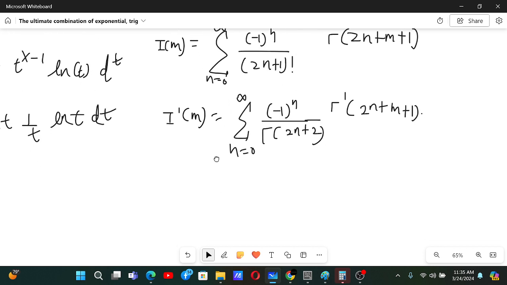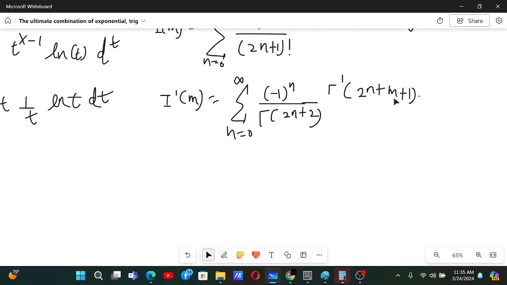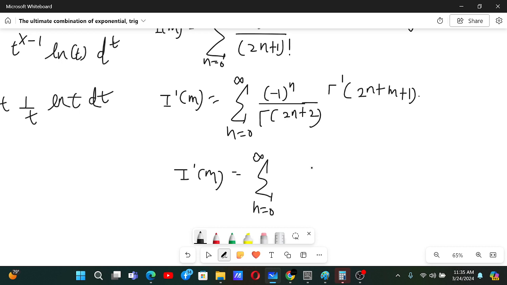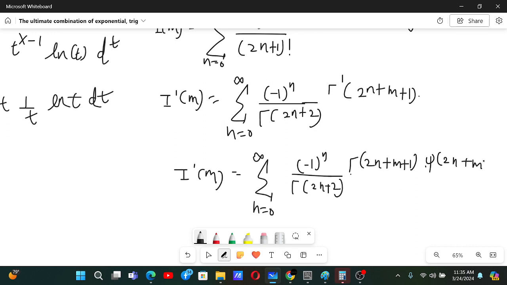And now we know that gamma dash is just gamma times digamma, so that's why we can have I dash of m as sum going from n equals 0 to infinity, minus 1 to the power n by gamma of 2n plus 2, and then this is gamma of 2n plus m plus 1 times digamma of 2n plus m plus 1.